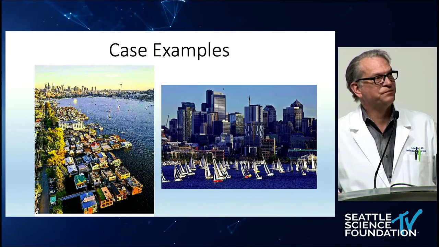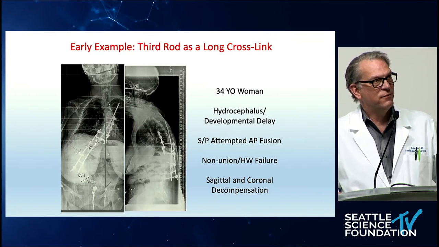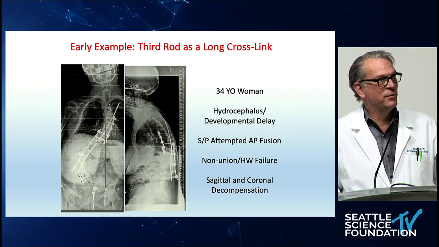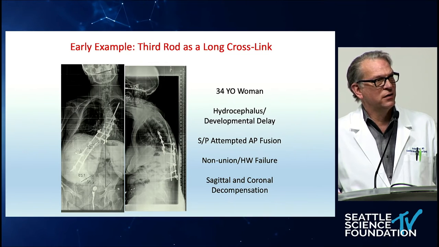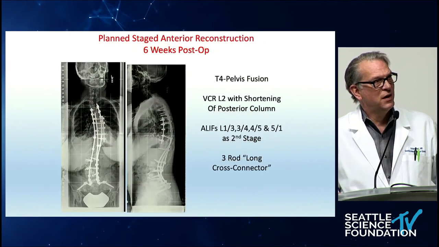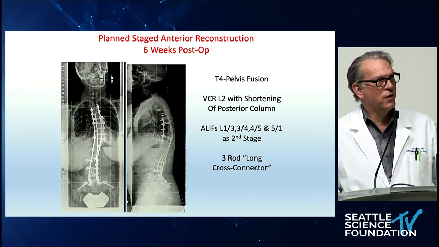Seattle started. So here's a case example from early in my experience starting to go beyond 2 rods. This was a young woman who had developmental delay due to hydrocephalus and had a prior fusion that clearly had failed, and not rod fracture as a result, but rod dislodgement of the upper construct and really terrible deformity. We basically used what I call a long cross connector.